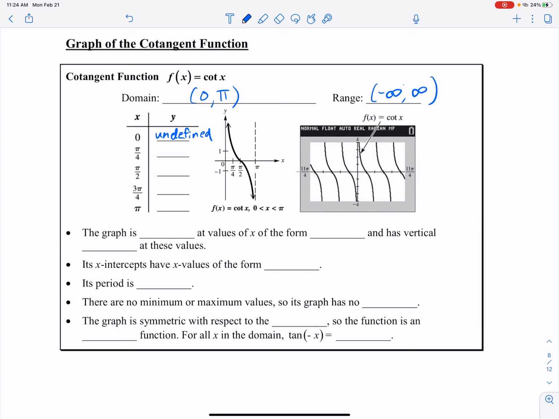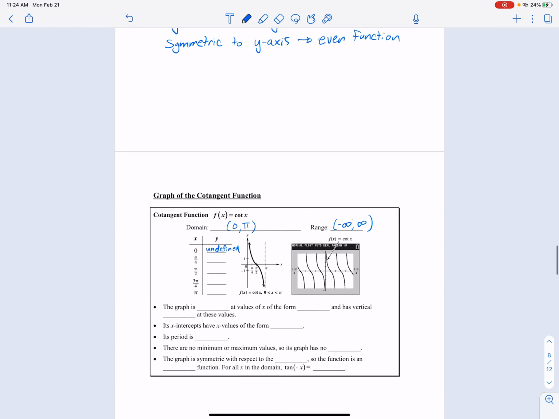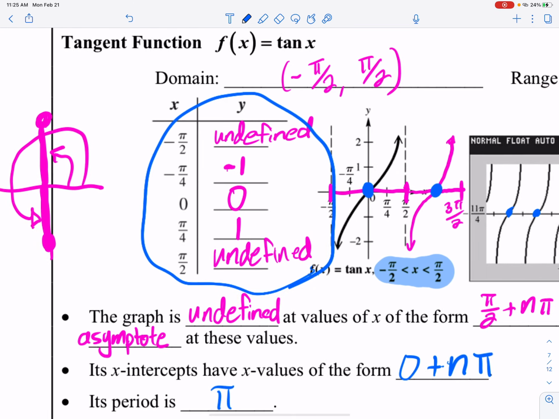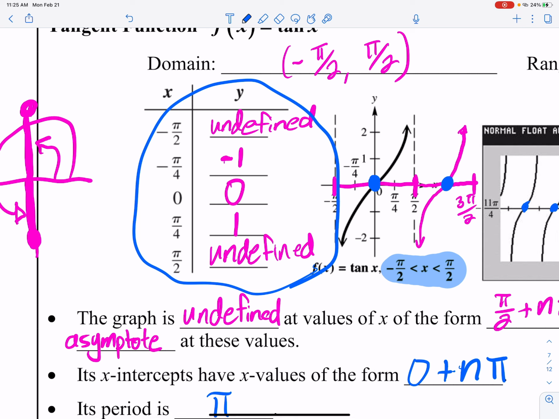If I wanted cotangent values, and I was looking at the graph, like the table here, what could I do with all those values? What's the relationship between tangent and cotangent? Reciprocal, right? Means if I wanted cotangent of 0, well, what is 0 flipped over?